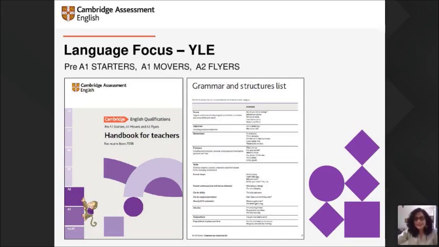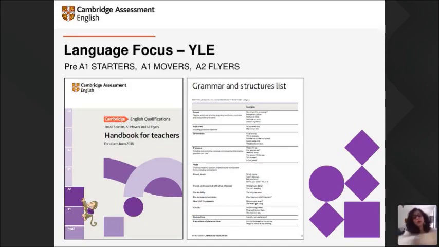In this list, you have the grammar areas and the functional language. On one side, you have the grammar area, and against it, you have the grammar structures that the candidate at that level needs to be aware of or needs to use accurately, right? So this is your language focus.